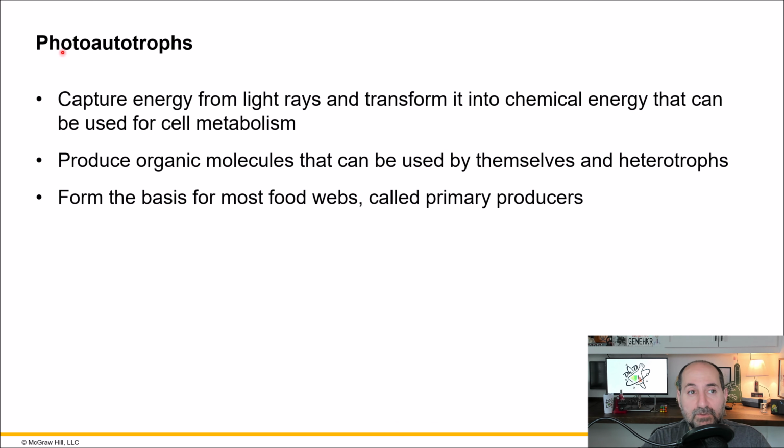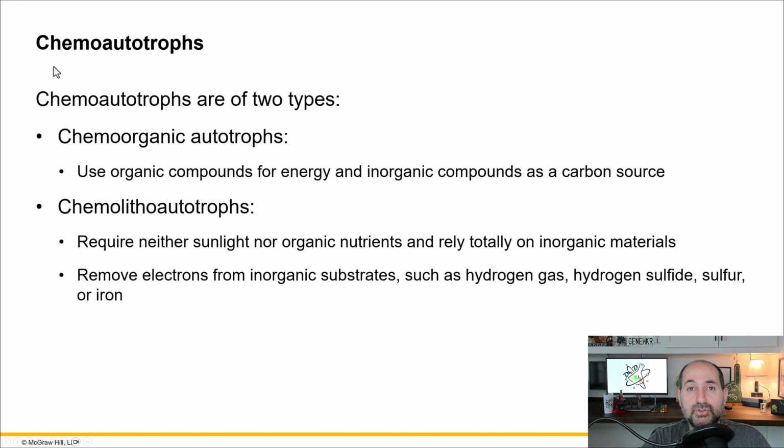You should know what a photoautotroph is, right? Photo meaning energy from the sun, and autotroph meaning self-feeder, so CO2 from the air. You should know what a chemoautotroph is. The chemo means energy from chemical material, while the auto means carbon from carbon dioxide.